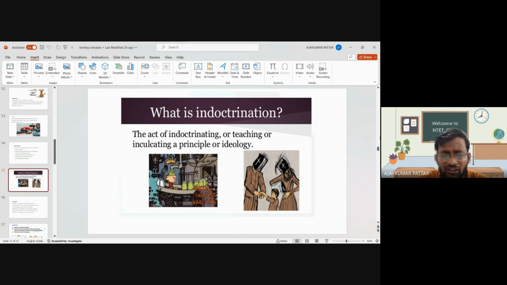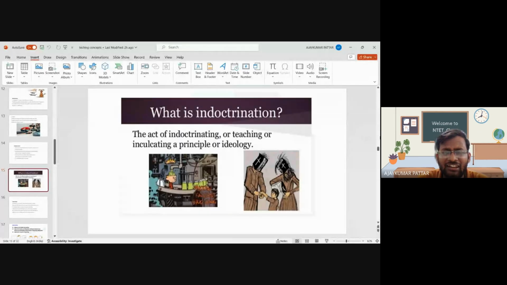Yes, you are correct, what you are telling, your ideology is good. Like that, indoctrination is accepting other ideologies or something directly, not questioning, not thinking. We will not think, we will directly accept. That is indoctrination. It usually happens in religious or political matters. It happens in education also.